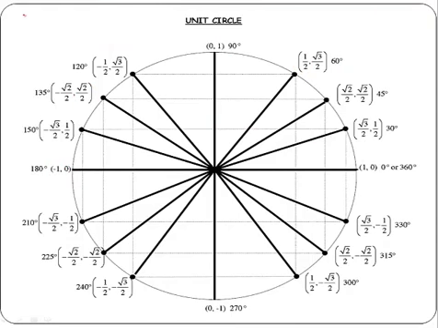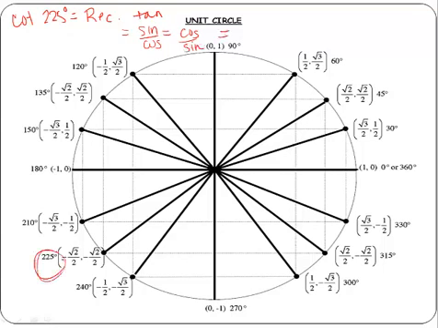All right, now what if I go a step further? What if I want you to do some of the more complex ones? Okay, what if I ask you for cotangent of 225 degrees? Well, cotangent is the reciprocal of tangent. Tangent is sine over cosine, so the reciprocal of that would be cosine over sine. So I go to 225 degrees, which is right here.